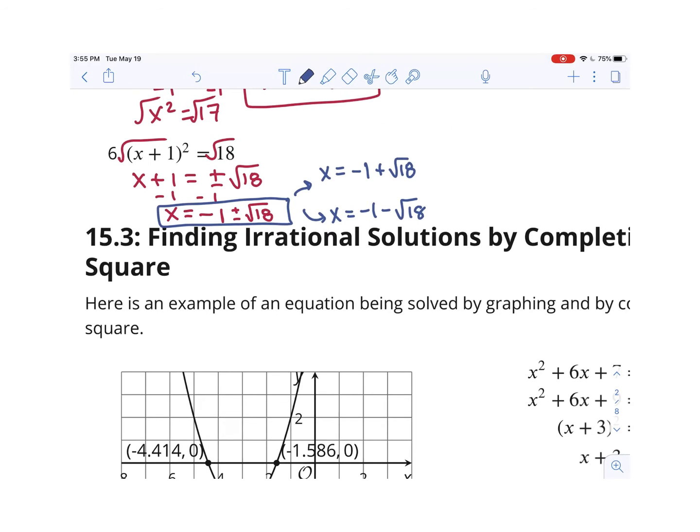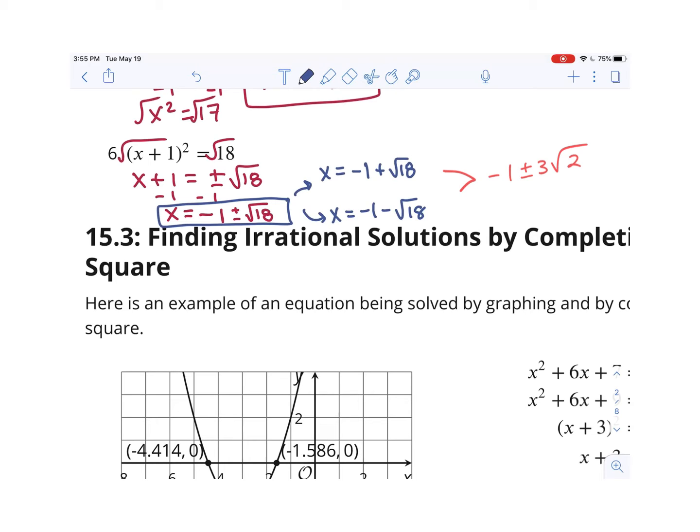So again, you need to remember that you still have to take that and put it in simplest form. So we already simplified square root of 18 to be 3 square root of 2. So one way that you could possibly write this is as negative 1 plus or minus 3 root 2. The important thing is that you put the 3 behind the plus or minus.